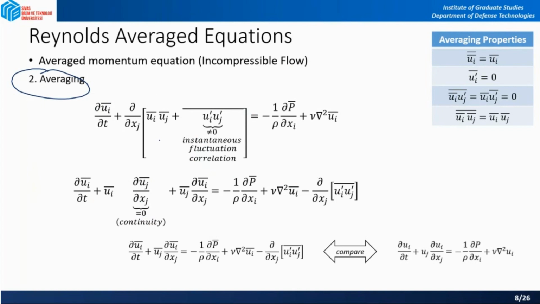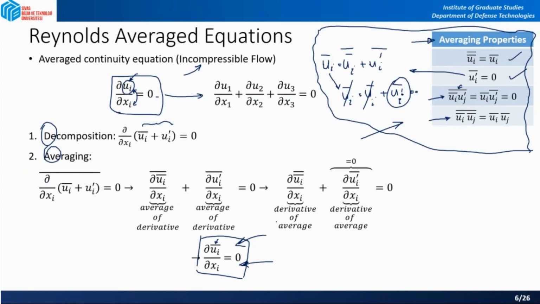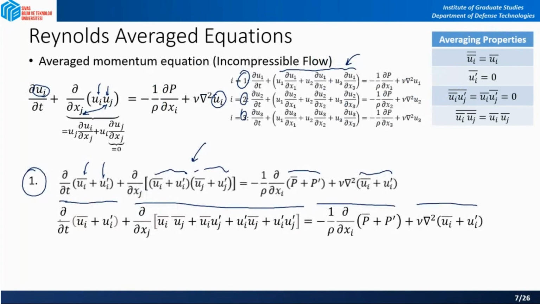So if you go back, you see that the average of this derivative is actually equal to the derivative of the average.